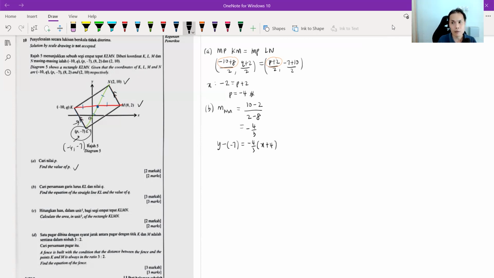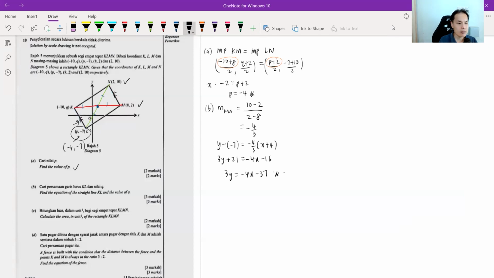So let's multiply over. This will be 3y plus 21 equals -4x minus 16. Let us bring this over. 3y is -4x minus 37. Now you can write in any form if you want, but here the question never specified to write in general form or gradient form. So I can actually leave it like this.